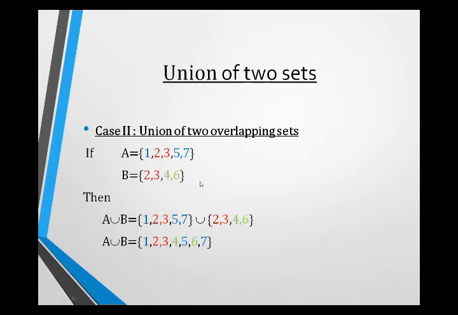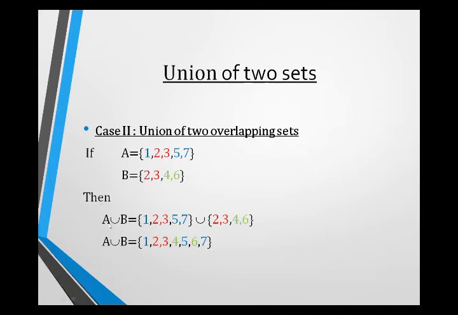Now the third category is those members which belong to both A and B, that is 2 and 3. As you see, students, 2 and 3 belong to both sets. These numbers of the two sets are identical and will be listed only once in the union set.